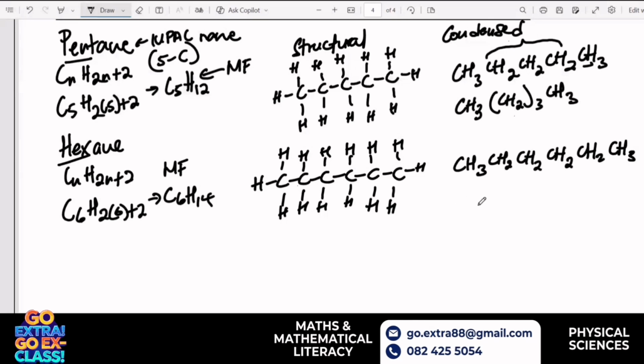Normally this is how it's going to look, but they can represent it in a short notation. They can first write CH3, then open the bracket and say CH2. Now instead of repeating all the CH2s, they can say only 4 and then CH3. So this is how they can write it in a short notation.